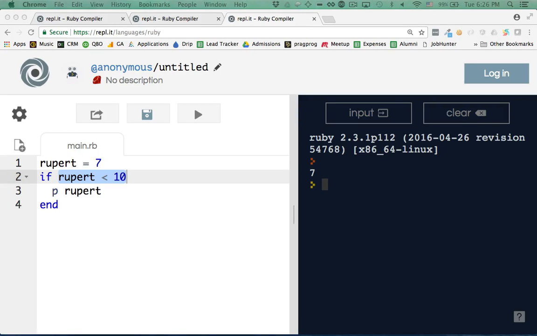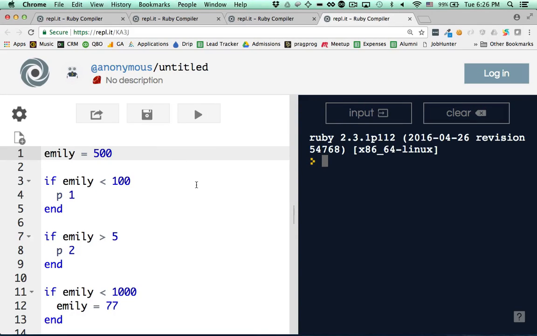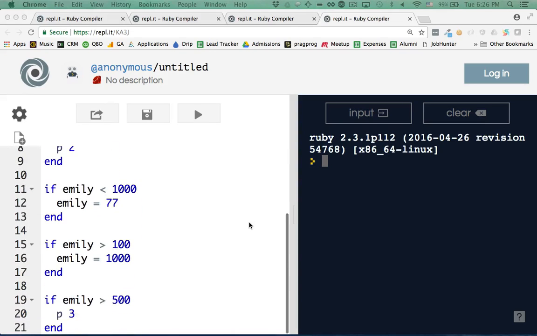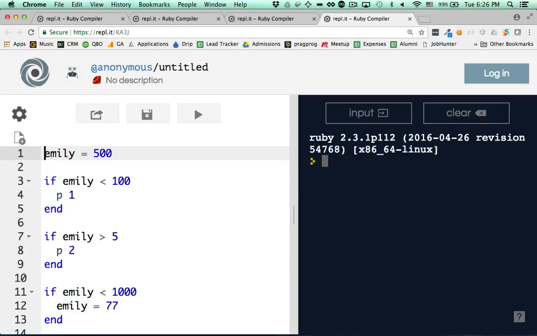Let me pull up a slightly more complex example. Okay, so here we track a variable called Emily. Basically what we're going to do here is let's run it, see what happens.